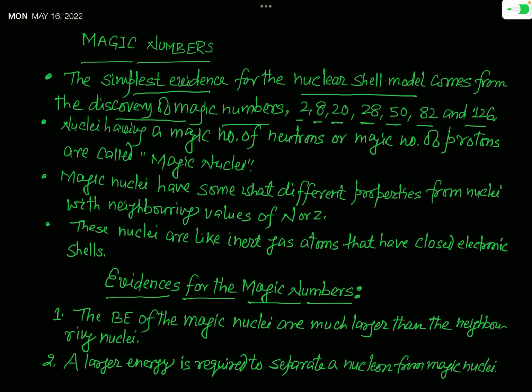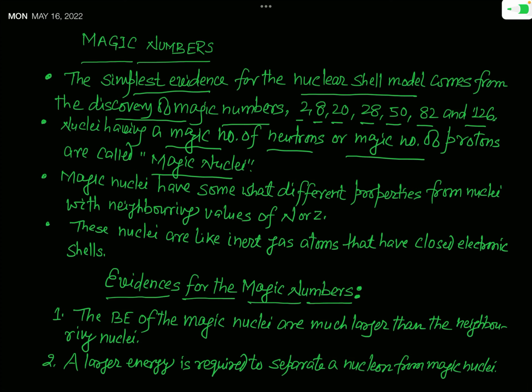You will see that such nuclei exhibit some extraordinary properties in comparison to the neighboring nuclei. We will see this shortly. So the nuclei having a magic number of neutrons or a magic number of protons are called magic nuclei. It means a nucleus which has either its number of protons or its number of neutrons equal to a magic number is called a magic nucleus.